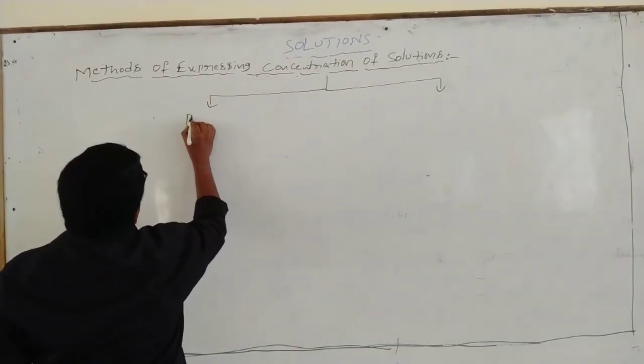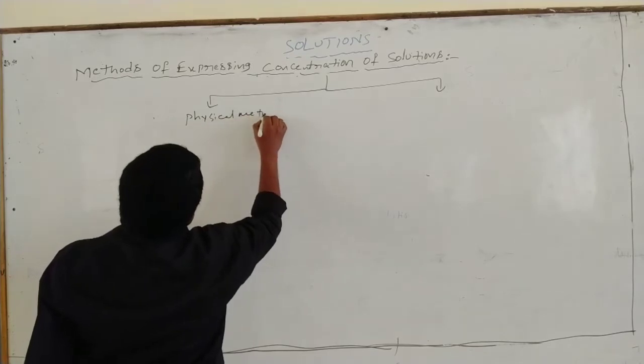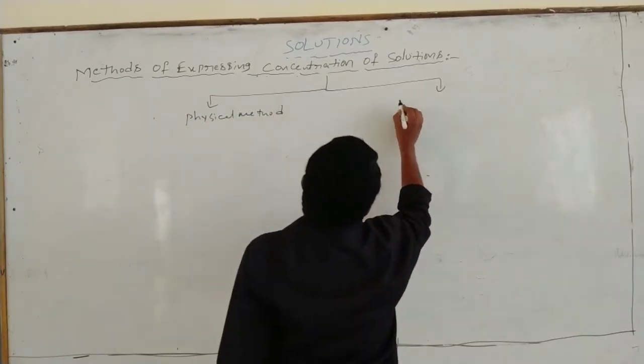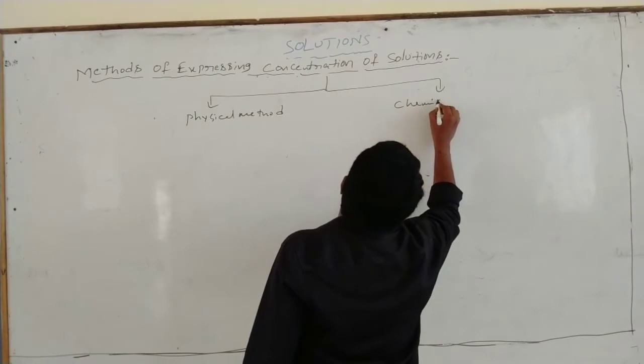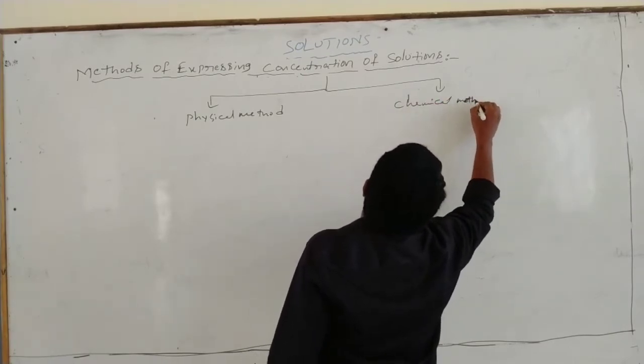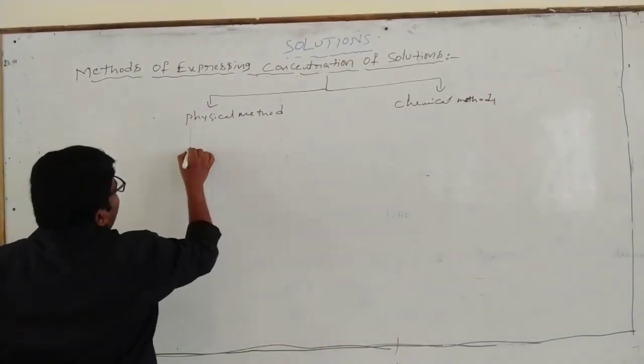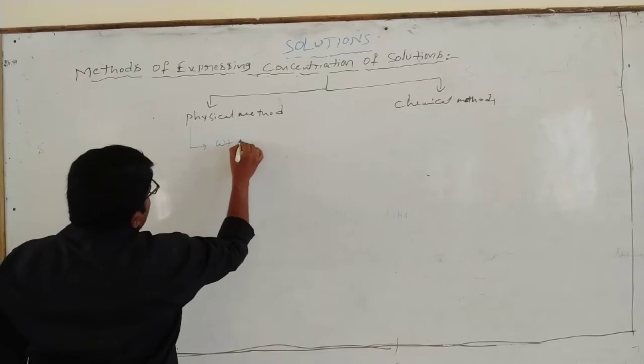So the first one is the physical method. The second one is the chemical methods. What are the physical methods? In the physical method, the first one is weight percentage.